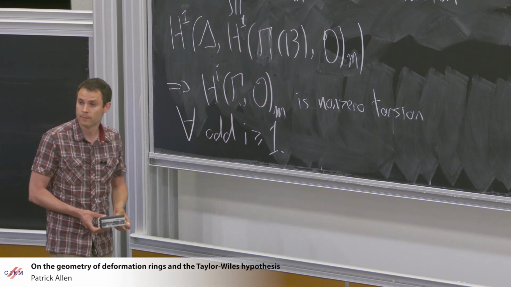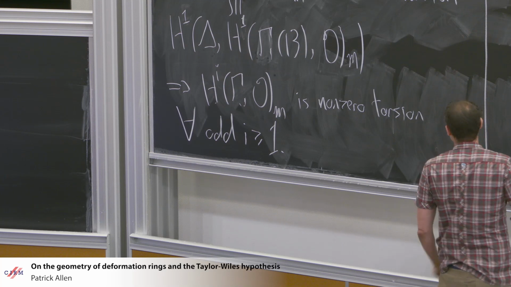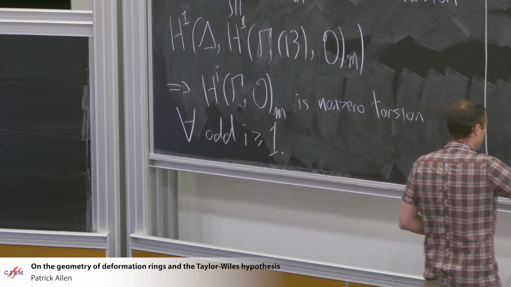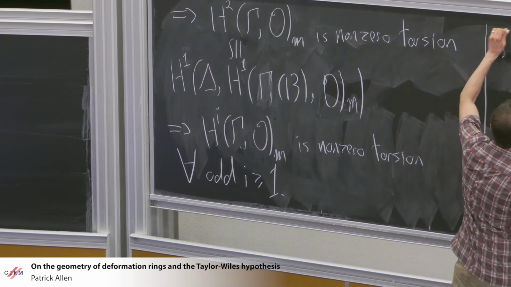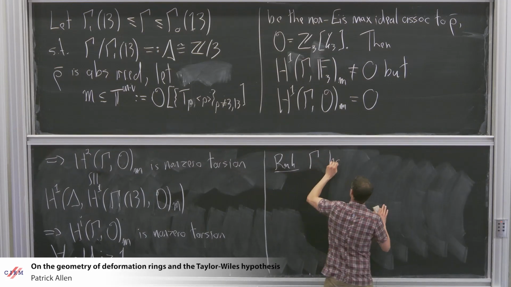Okay? So now, this may be a little bit of funny behavior if you haven't thought about this before. So let me just make a remark. Obviously, one of the things driving this is that this subgroup gamma has 3 torsion.